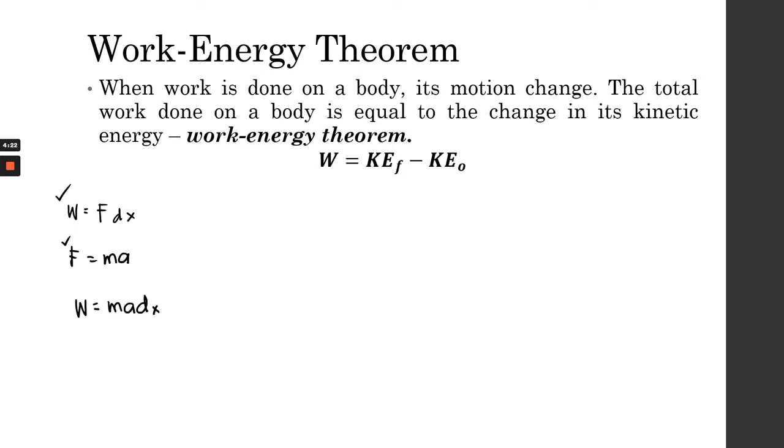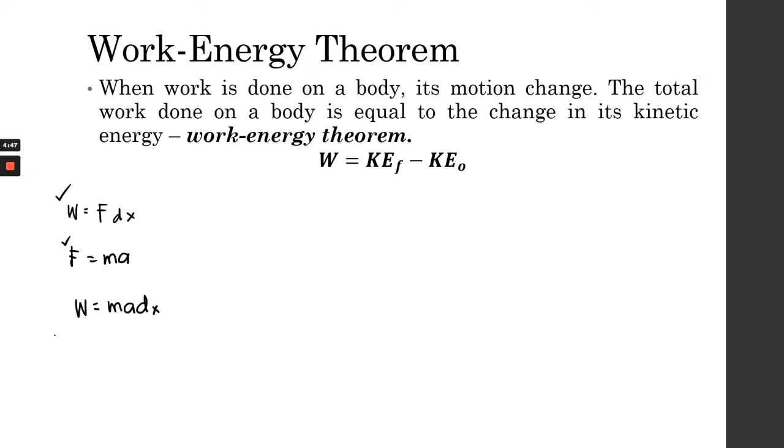Work is equal to force multiplied by the distance traveled by the object, and force is the mass of the object multiplied by its acceleration. Therefore, by substituting F into our work equation, we get work is equal to the mass of the object multiplied by its acceleration and multiplied by the distance it traveled.